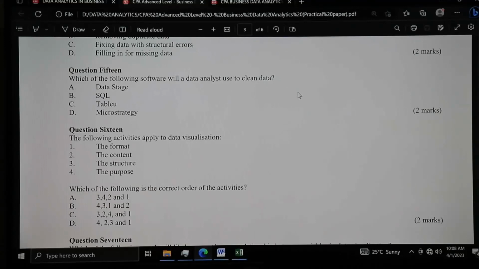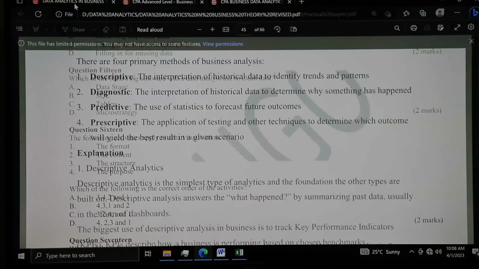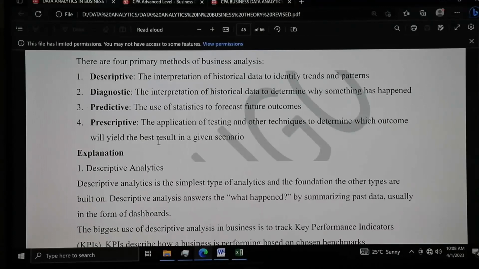We have that question about the activities applied in data visualization. We talk of data visualization, then this is another concept again.